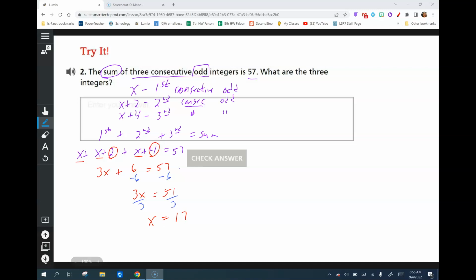And if you did not get 17, go back and look over your work and see if you can find it and compare your work to mine. So if the first number is 17, then the second number is 19, and then 21. So those are our 3 consecutive integers. Now you can always check your work by going 17 plus 19 plus 21, adding that up, and you're going to get 57. Okay?